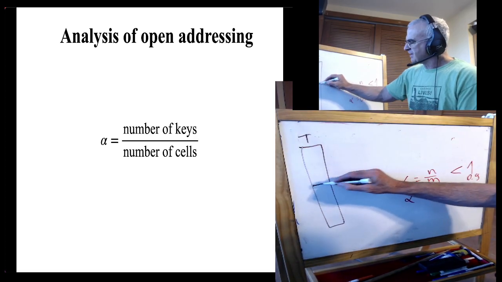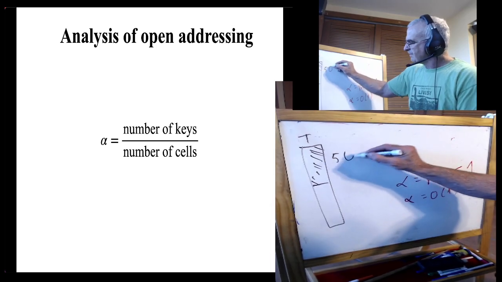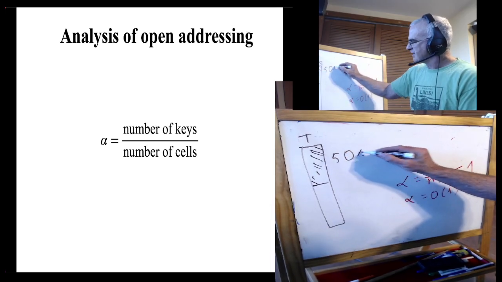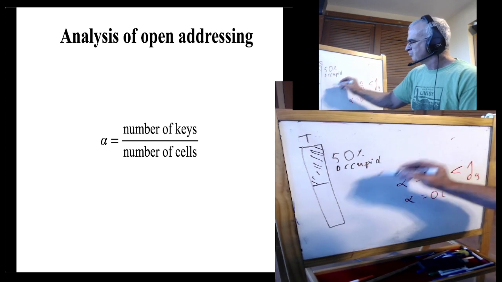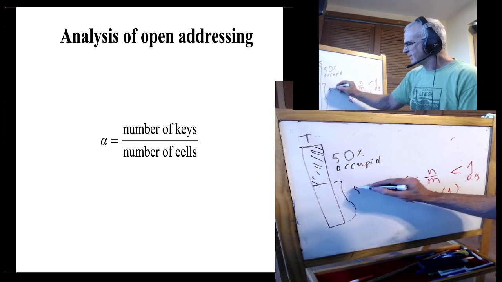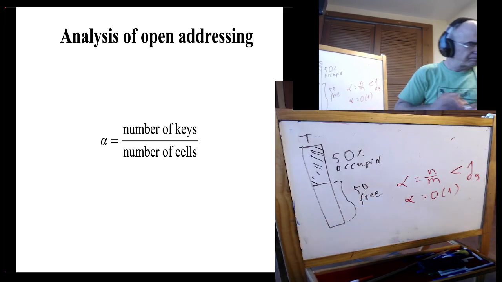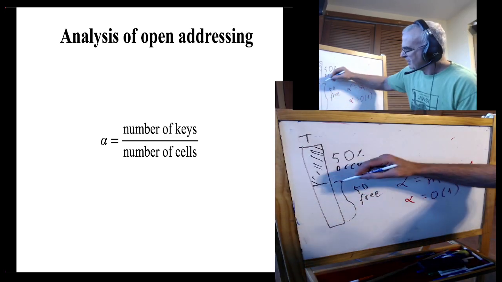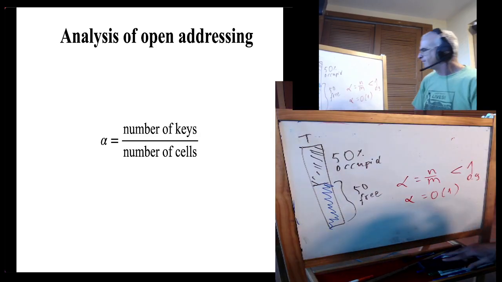And let's say that 50% of the cells are occupied and the other 50% is free. I think that blue is an excellent color to denote free.